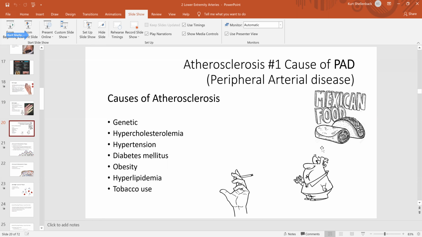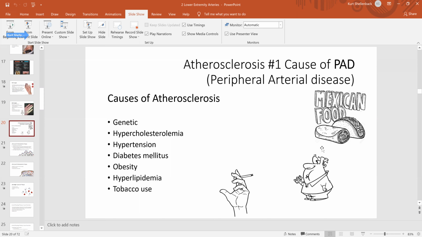But let's see, smoking, obesity. Causes of atherosclerosis: genetic. We just found a little bit on someone who's extremely healthy, but genetically they are predisposed. Hypercholesterolemia usually means that there's something else going on that causes the cholesterol.